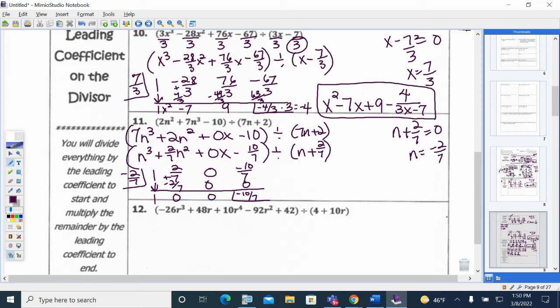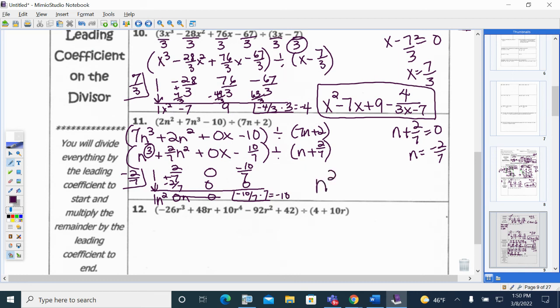So the answer here is a little tricky. When I decrease this exponent by 1, I get an n squared. But notice that my linear term and my constant term are both zeros, so we don't write those as part of our answer. And don't forget, we divided in the beginning by 7, so we're going to multiply by 7 to get our actual remainder, which is negative 10.